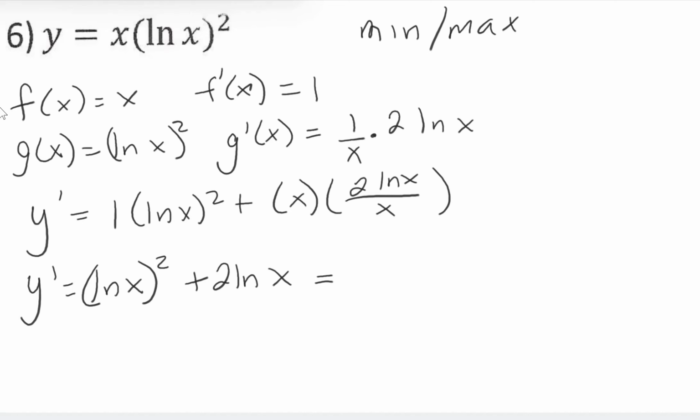Now remember what I said. If you can get things into multiplication and division, get them into multiplication and division. So I'm going to pull out an ln of x. So I have ln of x times ln of x plus 2.